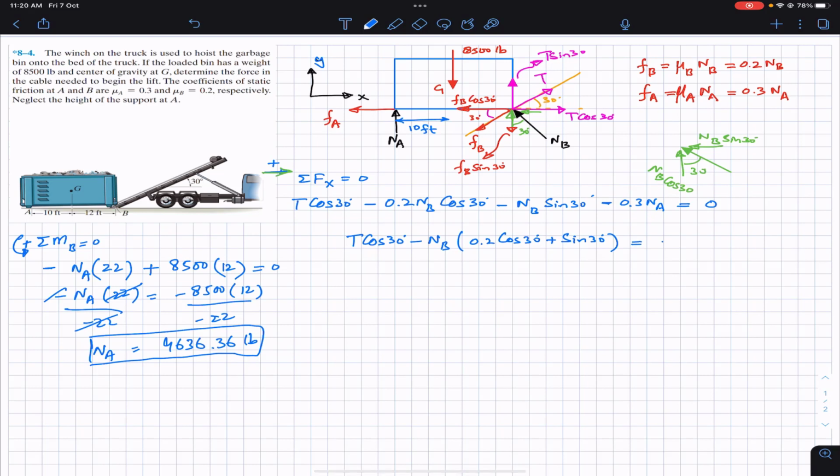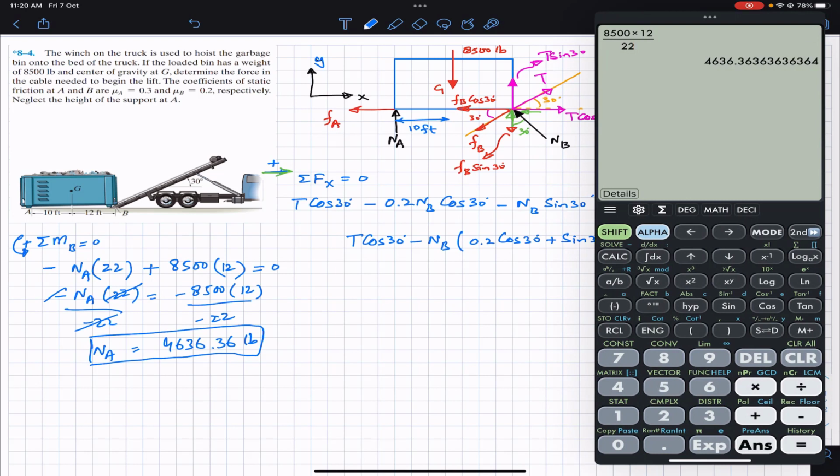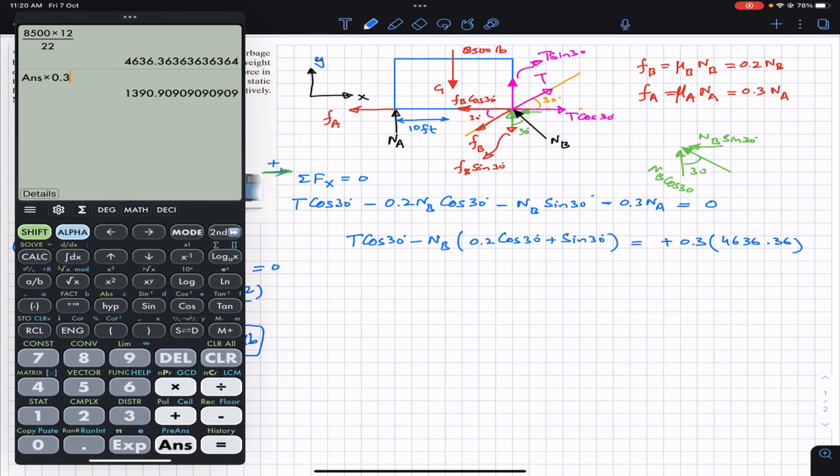So we will have plus 0.3 times NA, which is 36.36. So 0.3 multiplied by our answer gives us 1390.90. So this is equal to 1390.90.